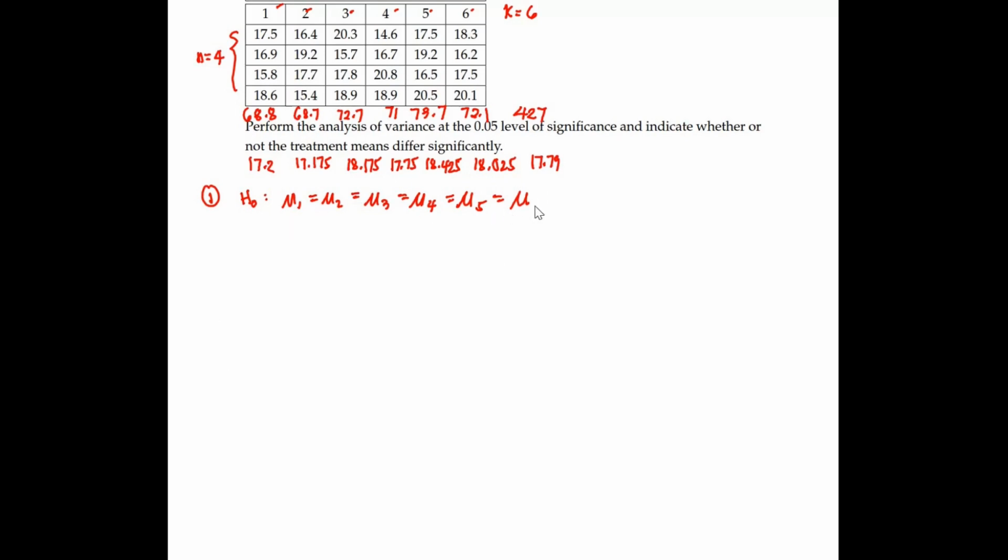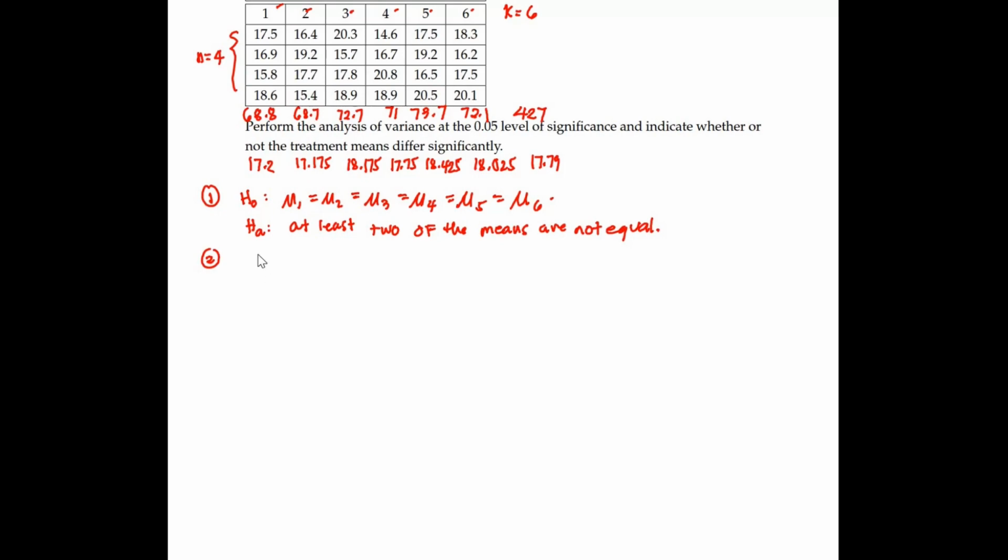So that is, the population means are equal. Next, H sub A, or the alternative hypothesis, is that at least 2 of the means are not equal.